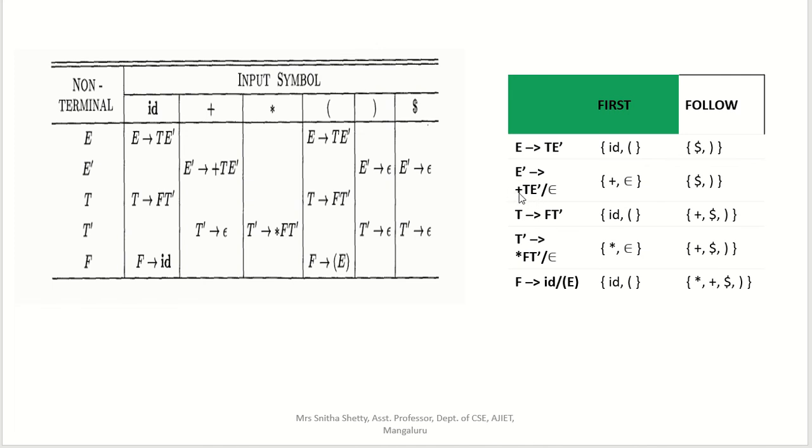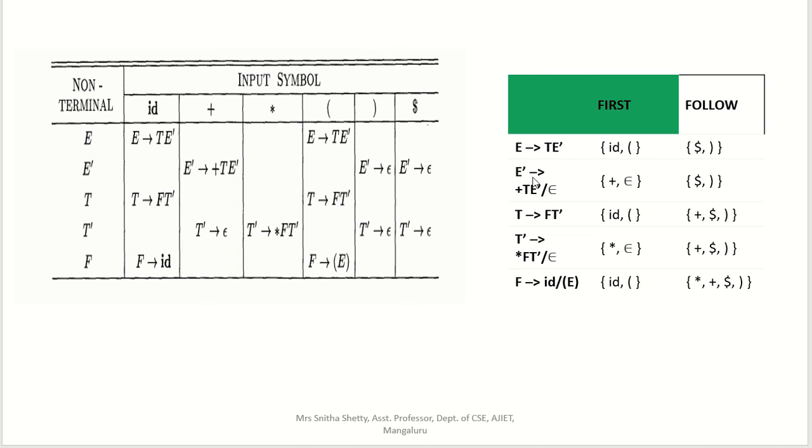It begins with a terminal itself. So I should place it under this terminal. See, earlier it started with a variable, so I took the first of that variable. But here there is no variable, there is a terminal. So under plus, I should place the production E dash gives plus T E dash. Okay students, under plus I am placing this production.